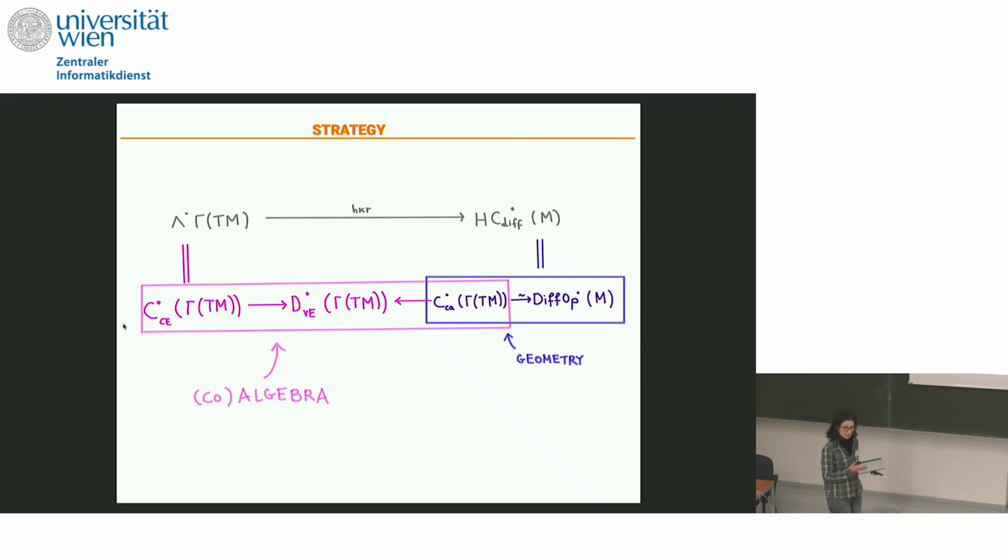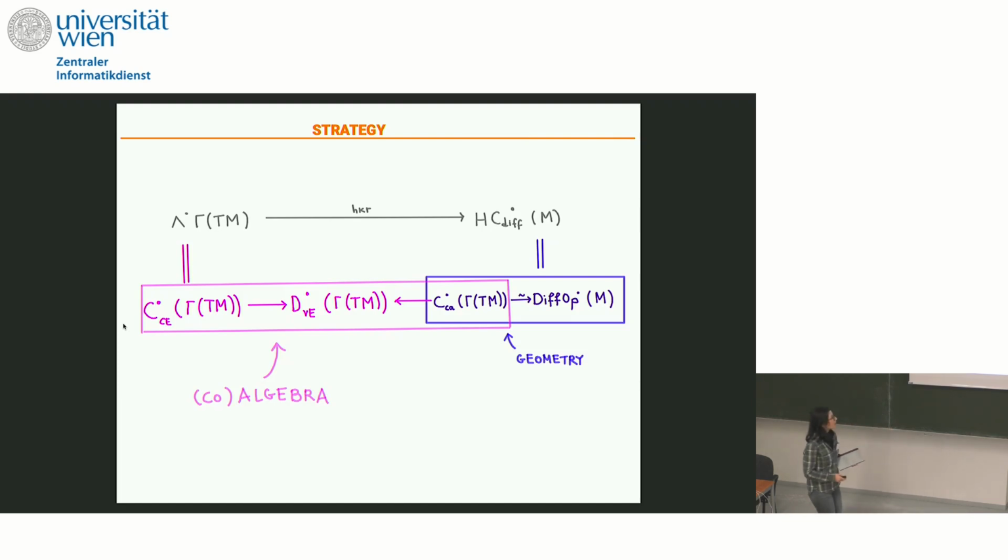And once you have that, so you get rid of geometry by, as I said, looking at symbol calculus, so symbols of multi-differential operators, then you want to actually compute this cohomology and not this one, but this one.